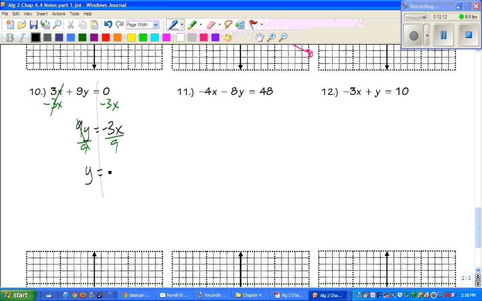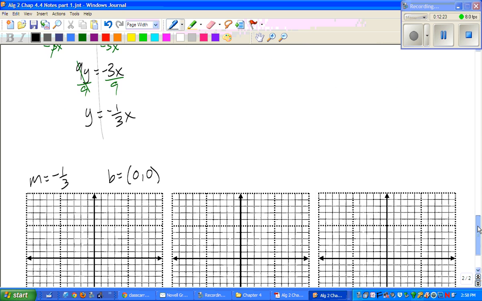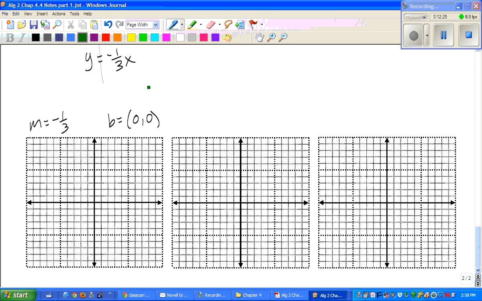So when you solve this, reduce the fraction. Our slope is negative 1/3, and our y-intercept is 0, 0. Okay? Now, if you remember, that is called the origin, so right in the middle of your graph. Okay, and this is fall over run, so down 1 over 3, down 1 over 3, down 1, 1, 2, 3.